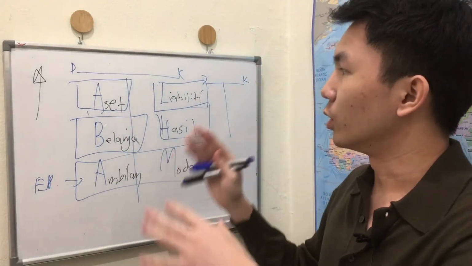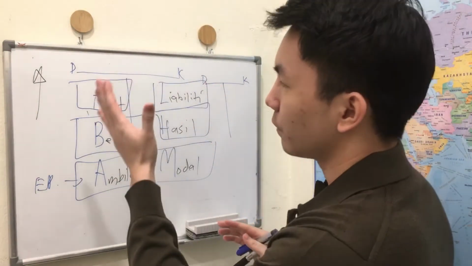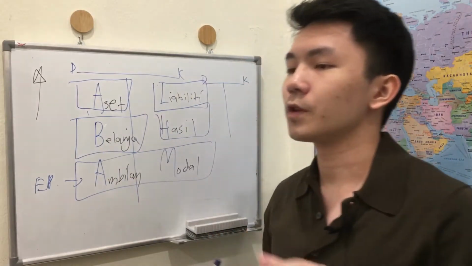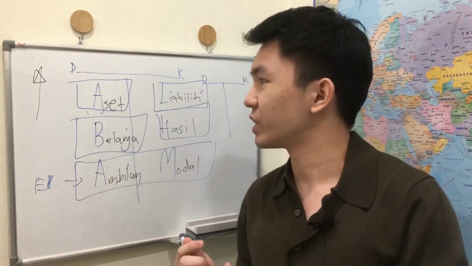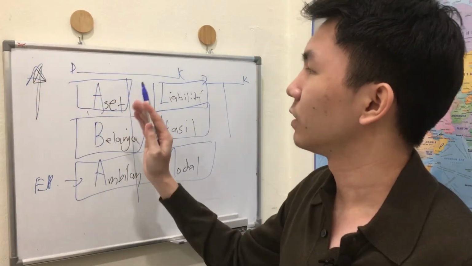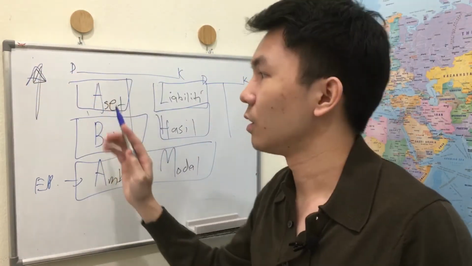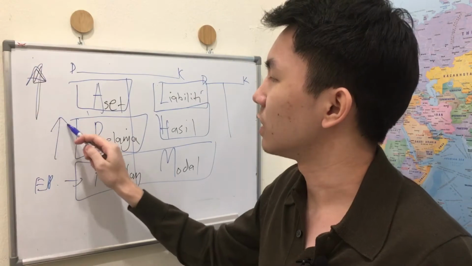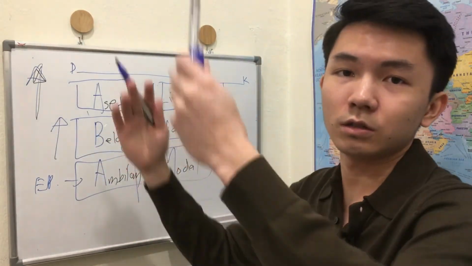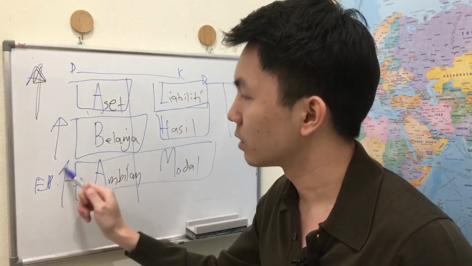So when you understand, Aba is on the left, the debit side, and Lim is on the credit side. So every time when your asset increase, then it has to be on the debit side. When your belanja increase, you'll be on the debit side. When your ambilan increase, debit side.